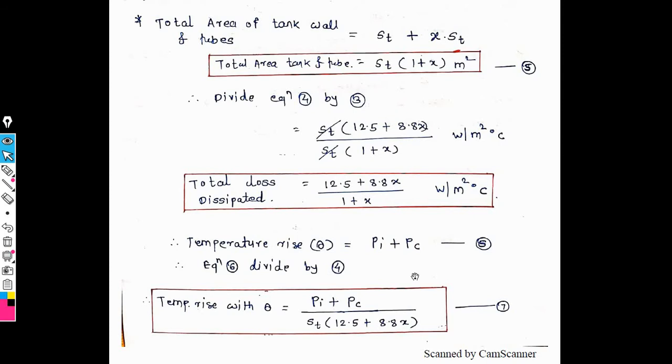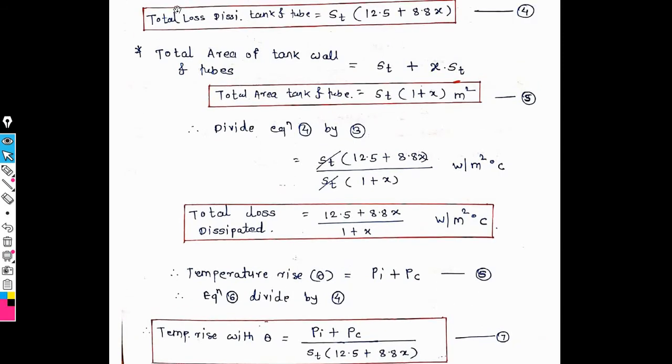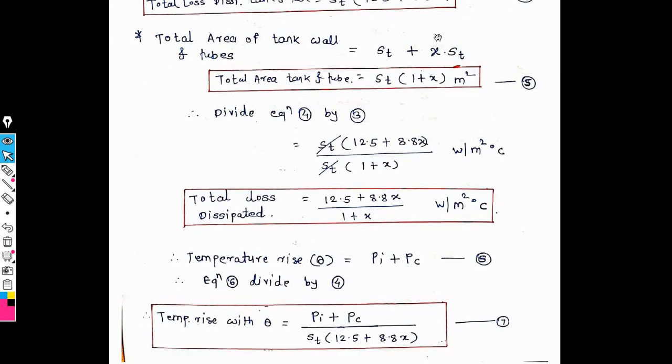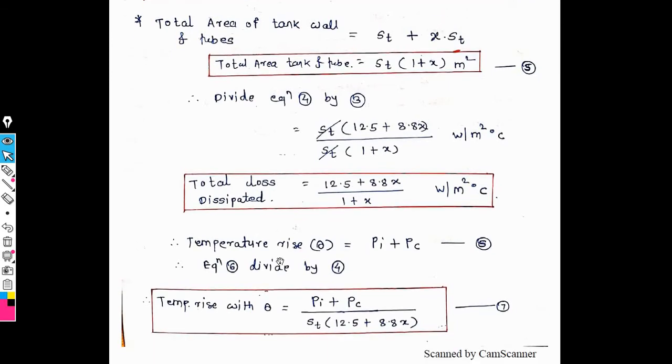Then equation number 6 is divided by equation number 4, where equation number 4 is the total loss dissipated by tank and tube, equal to ST into bracket 12.5 plus 8.8x. Then temperature rise theta is equal to Pi plus Pc upon ST into bracket 12.5 plus 8.8x.